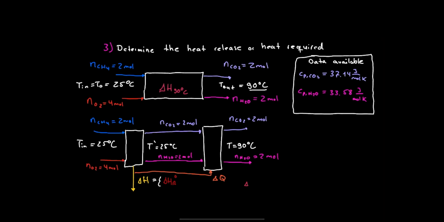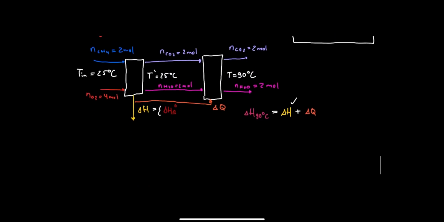The total heat release for the reaction and increase of the process to 90 degrees Celsius is going to be equal to the heat released by the reaction plus the heat required to increase the temperature of the system. Delta H we have calculated in the previous task. Now we will take a closer look at calculating delta Q.